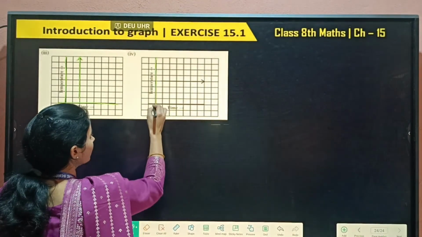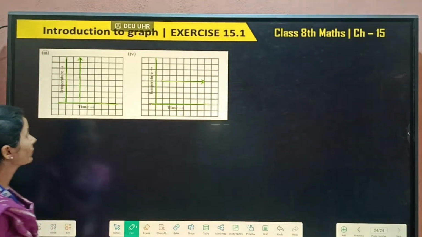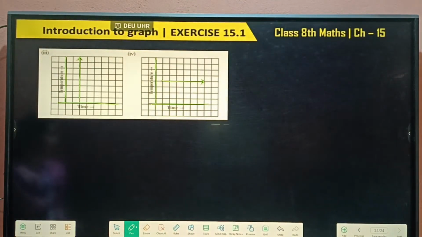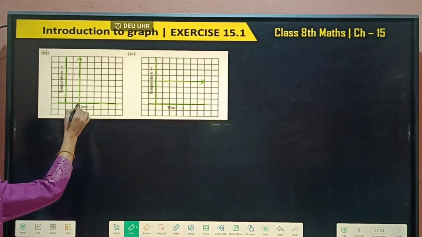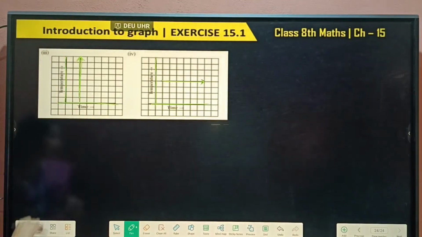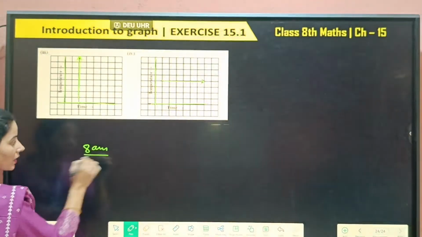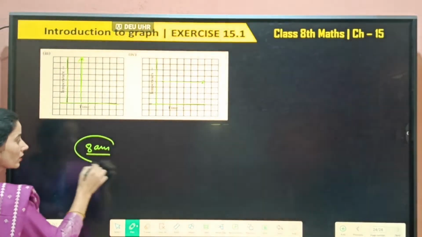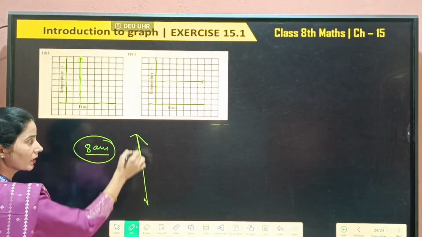Suppose now the time is 8 a.m., and at this same time the temperature keeps increasing.